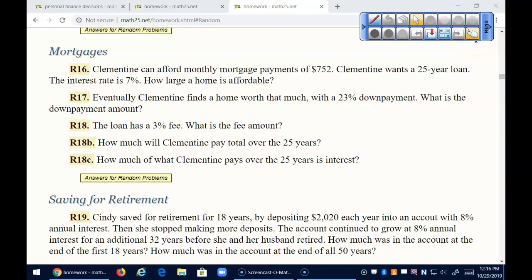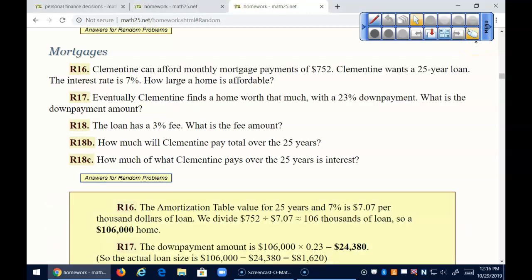So how large a home is affordable? So we would take her monthly budget, divide it by the $7.07. We get 106. Each of those is 1,000, so 106,000. So same thing we just did with Zane, but with the formatting on the homework page. So that looks nice when you see it at home.